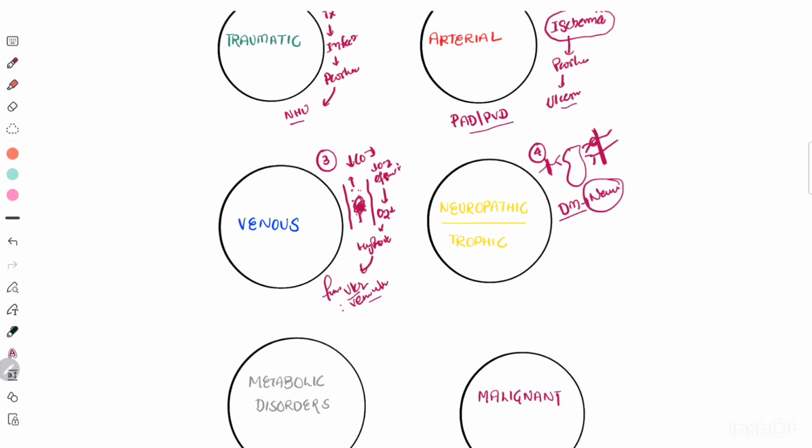Due to the neuropathy and nerve involvement, the sensation of the particular tissue is lost, the sensations are absent, and due to repeated trauma, and the patient is unaware of this repeated trauma, which leads to formation of ulcer at that place due to the loss of sensation. So these types of ulcers are neurotrophic ulcers. So this is the neurotrophic ulcers, the fourth one.